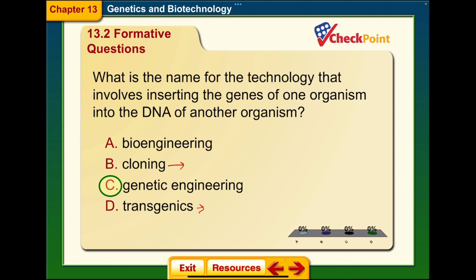But what is the name of the technology that involves inserting genes of one organism into the other? That technology is called genetic engineering. But transgenic organisms are organisms made using this technology.